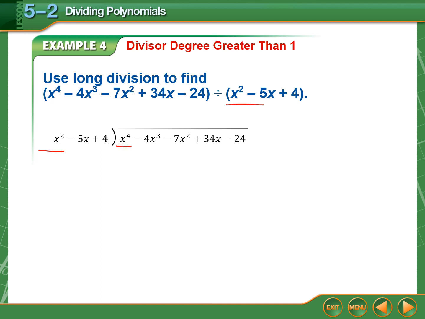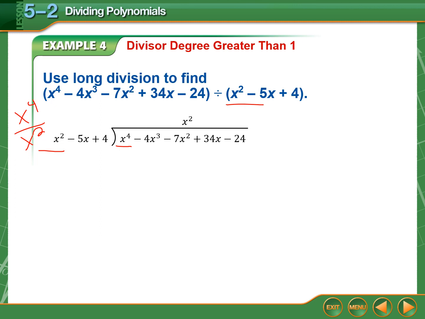On the side, you can think of it as x to the 4th divided by x squared. In my head, I think: x squared times what gives me x to the 4th? Well, x to the 2nd power times x to the 2nd power is x to the 4th.